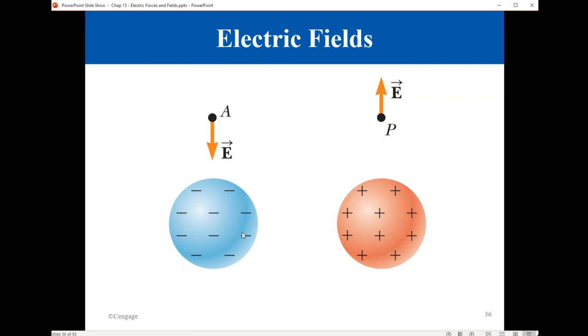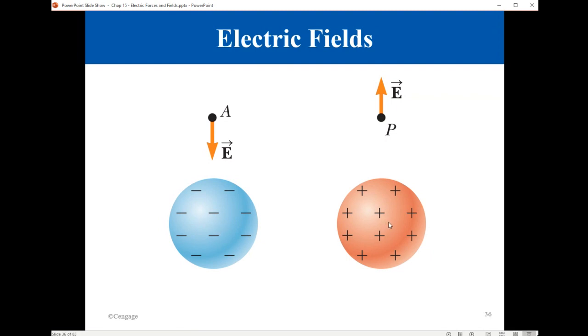Another point to understand here, we have symmetry. Because of that, we expect the electric field not to be only at this point. We expect the electric field to be coming from all directions inward toward the center of the sphere.